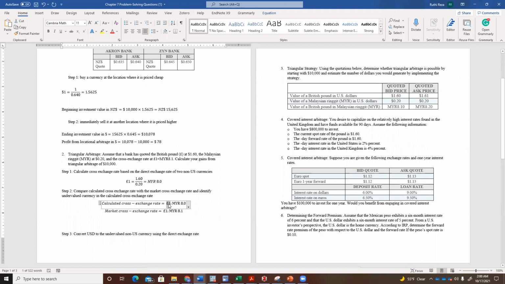So here, based on the information, our pound in the calculated cross exchange rate is undervalued, whereas Malaysian ringgit in our calculated cross exchange rate is overvalued. Remember, in an exchange rate, if you have a particular currency overvalued, then obviously its counterpart is undervalued. Whereas if a particular currency is undervalued, then its counterpart is overvalued.